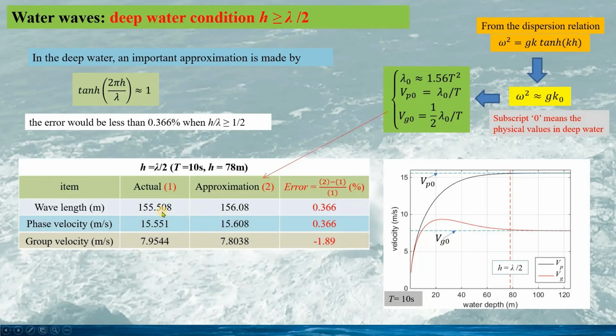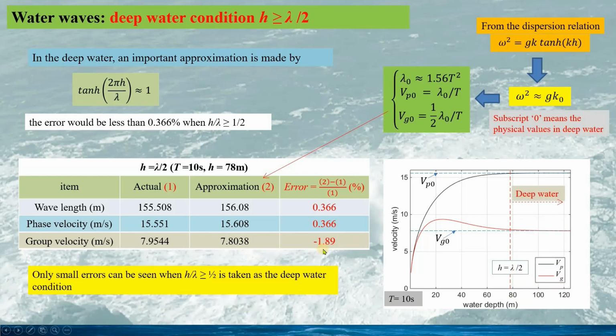Using the approximation relations, we can calculate the phase velocity Vp0 and the group velocity Vg0. Here we compare the actual wavelength, phase velocity, and group velocity at the water depth of 78 meters with the approximations given by these equations. We can see the errors would be 0.366% and minus 1.89%.